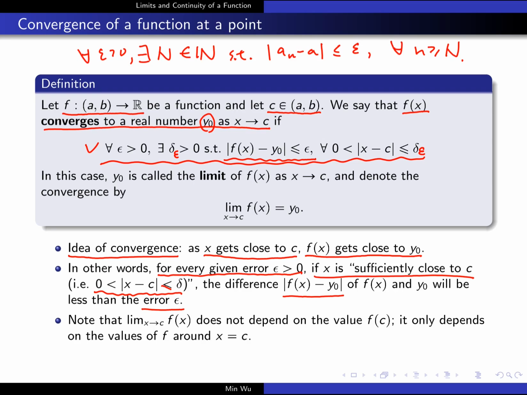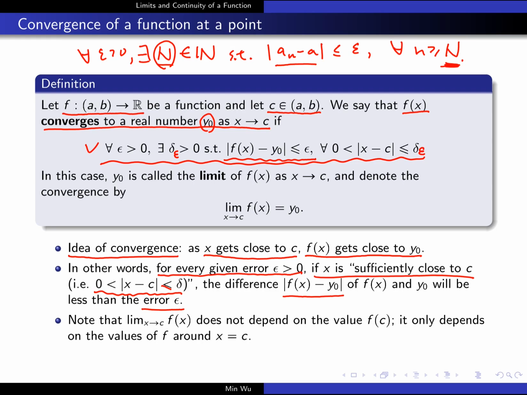So for every epsilon there is a corresponding sufficient index N, such that the difference between the place where it converges to and the sequence will be less than or equal to epsilon whenever your index n is greater than the sufficient index capital N.